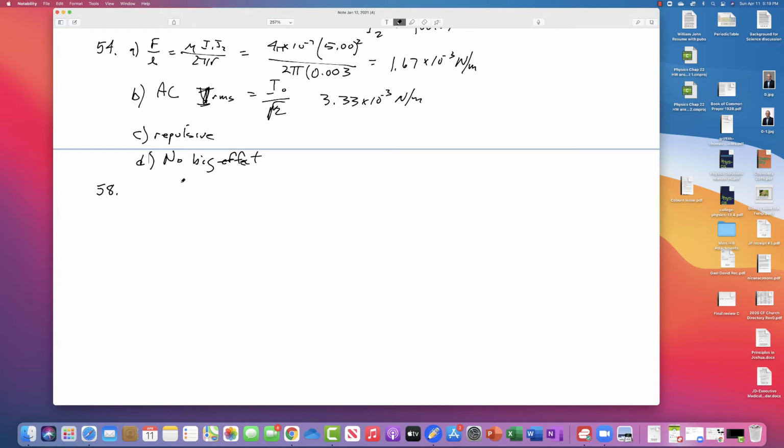Okay, in order to do that, you take your hand. Now, in the case of these different examples, your fingers are the field, and your thumb is the direction of the current.